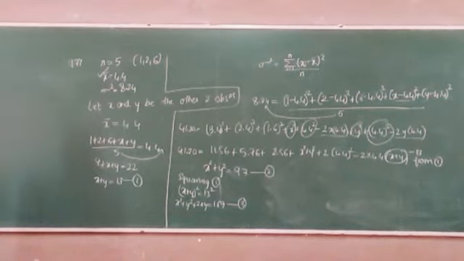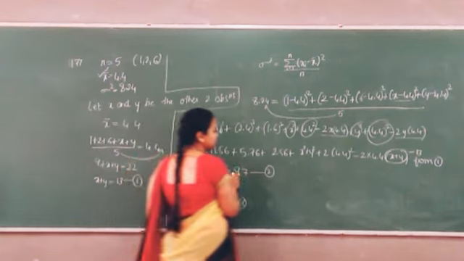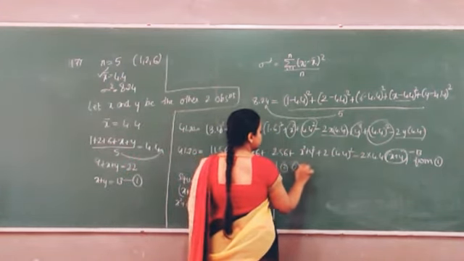That is, we will subtract equation 2 from equation 3. That is equation 3 minus equation 2.